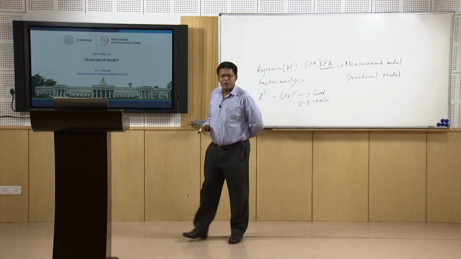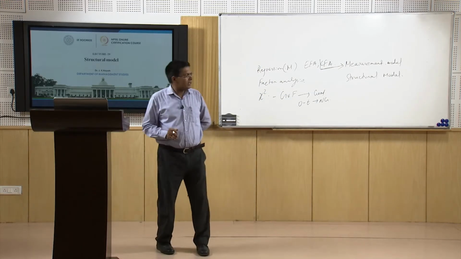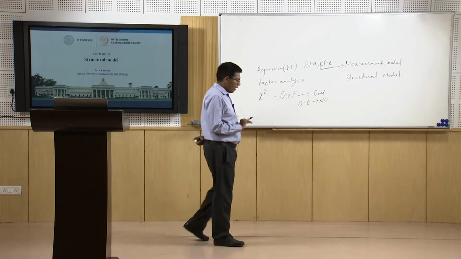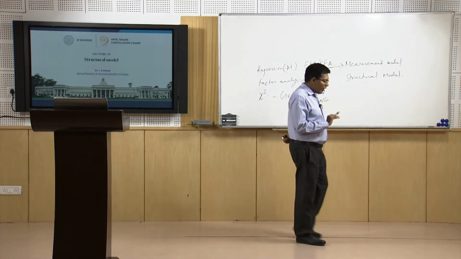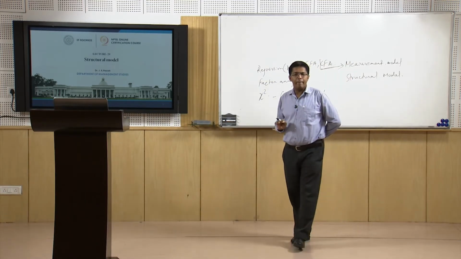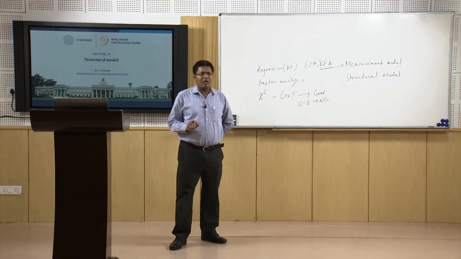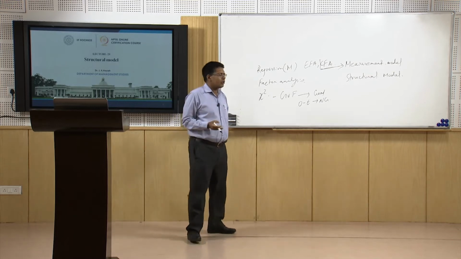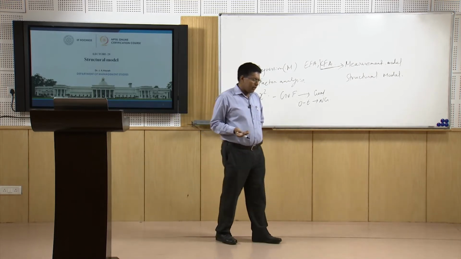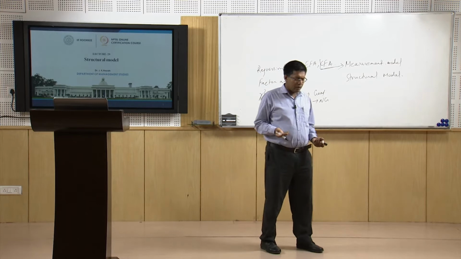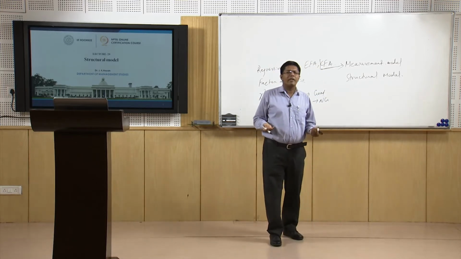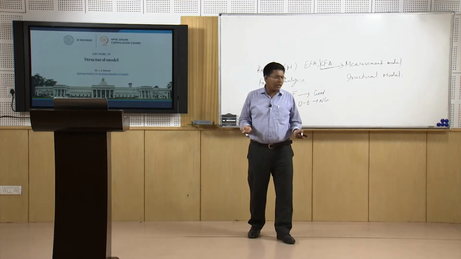This confirmatory factor analysis is used as a measure to reduce the measurement error of a study. That means when you have measured certain things, the respondent might not have taken serious interest, or something else has happened.